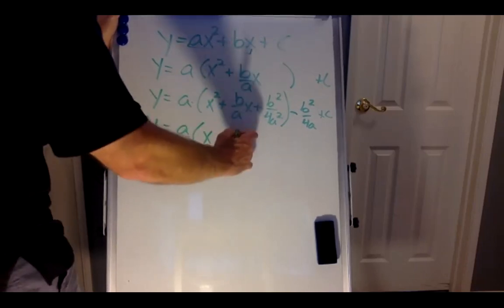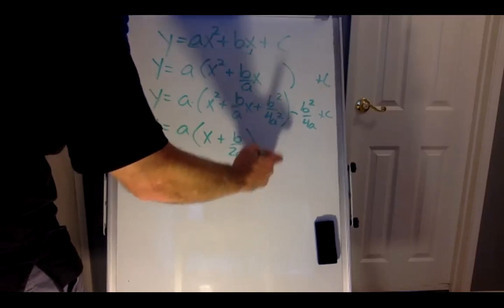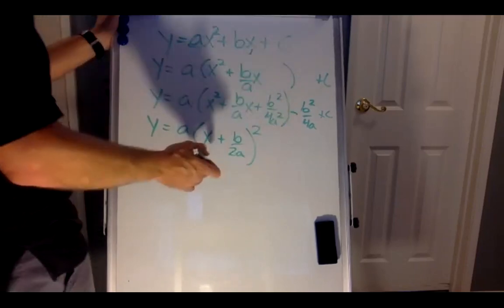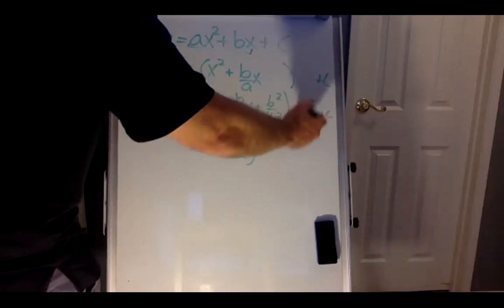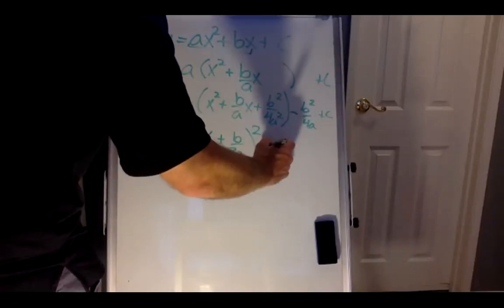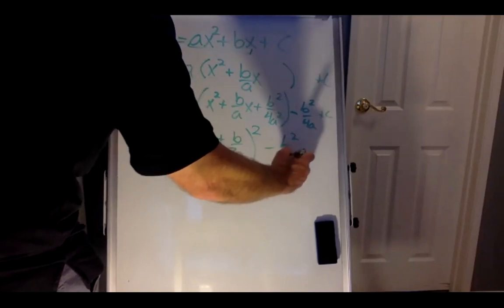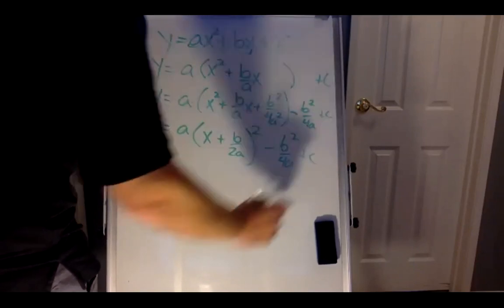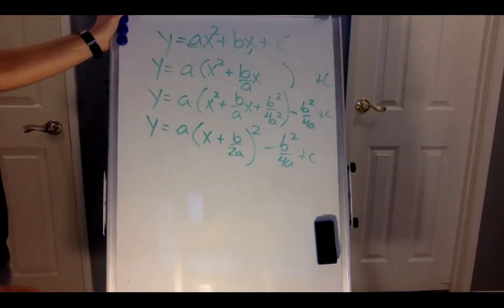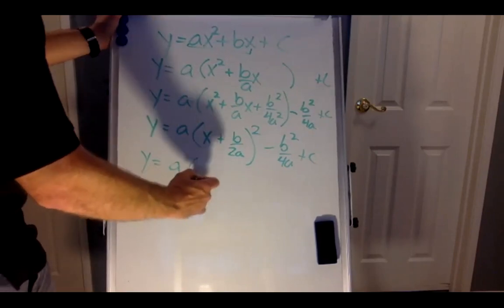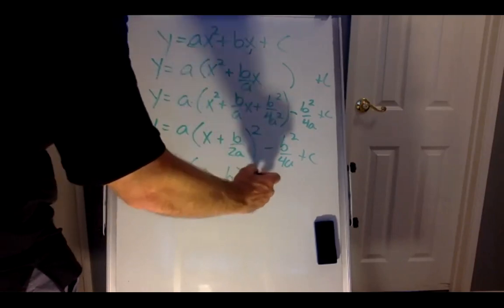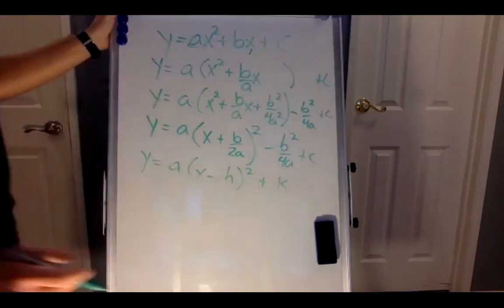It was B over 2A. And when we squared it, we got this, right? So that's what it factors into. And then it's going to be plus whatever's here. Okay? And this is it. You're in the form now.